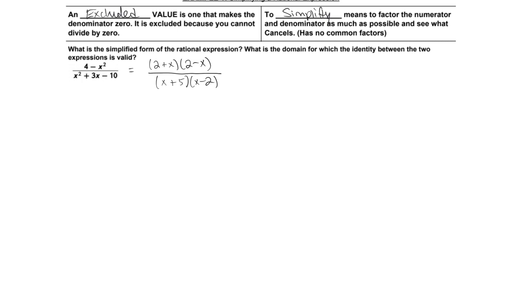Well, to cancel out, we can cancel out 2 minus x and x minus 2 if we factor out a negative 1 from this expression here. So factor negative 1 out. So we're going to make the whole numerator negative. And we're going to make this x minus 2.